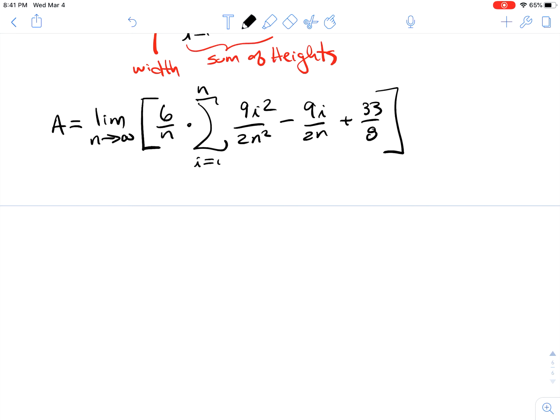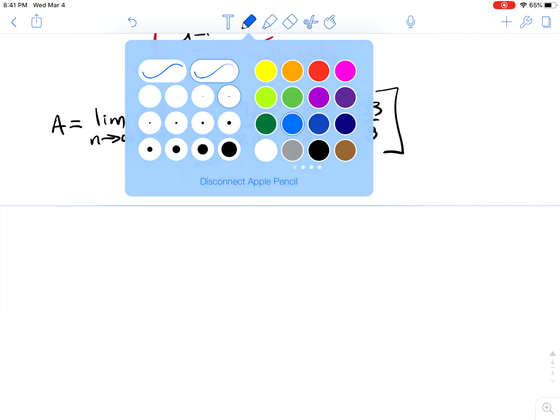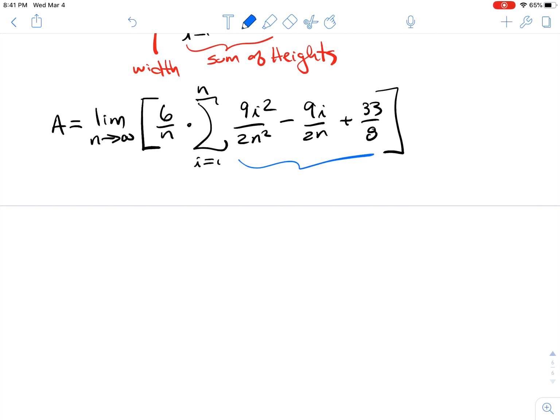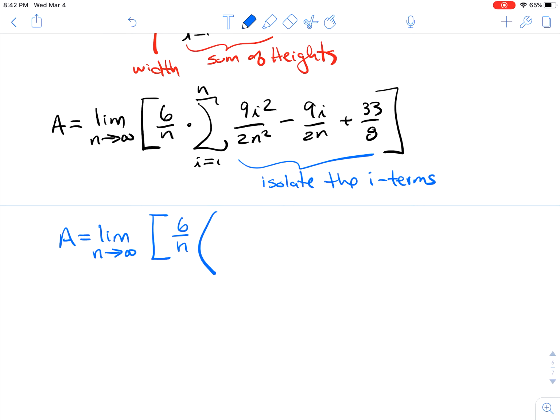And now we would like to isolate the i terms in the summations so that we could apply the summation formulas. So we have the area is equal to the limit as n goes to infinity. 6 over n is my delta x. I'm going to put a parenthesis here because I'm going to separate this summation into 3 summations, one for each term.